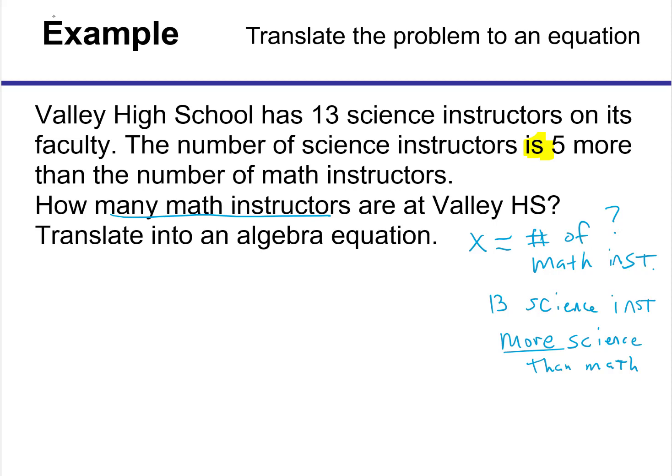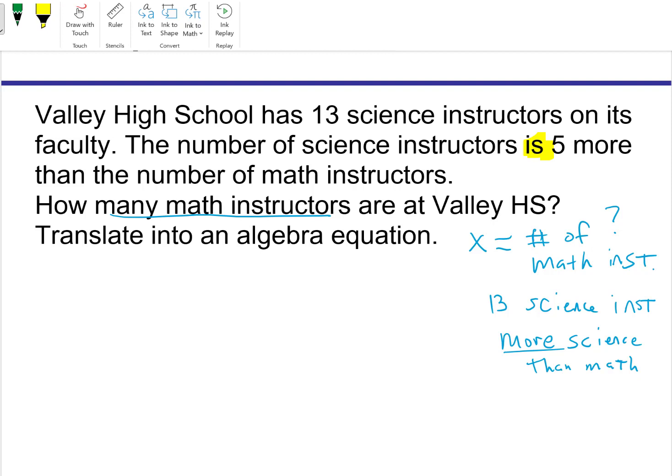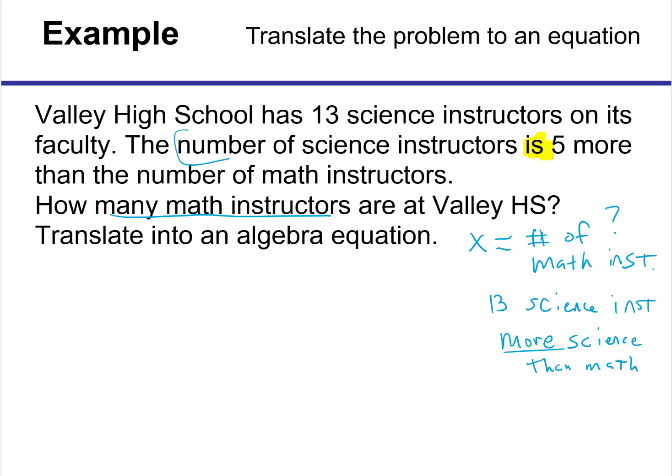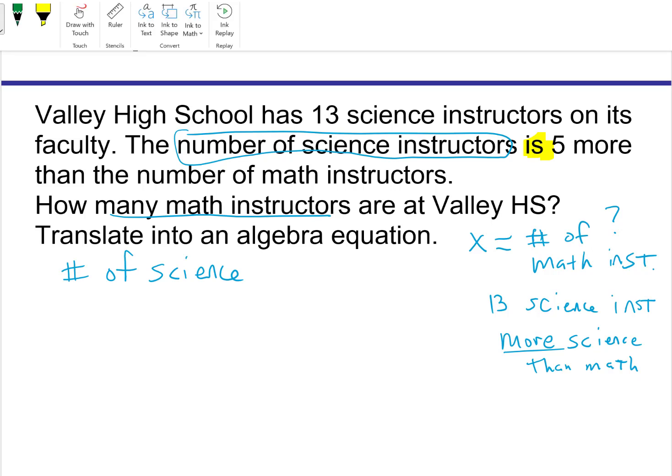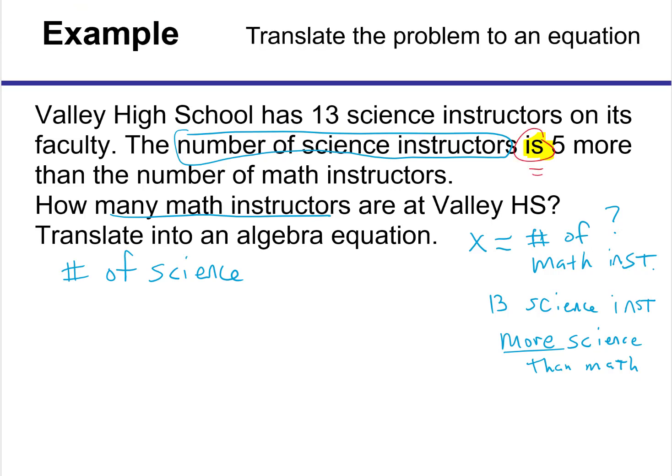Okay, so I want to start looking for my math equation. I've got some clues here. I want to build off of those clues. First clue, number of science instructors. I'm going to abbreviate. And then I have that key word, is.